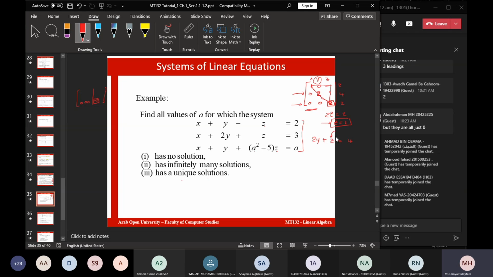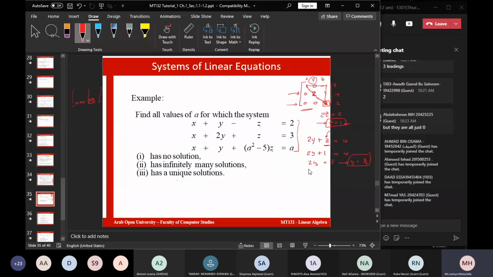But I already know the value of z, which is 1, so I substitute it here: 2y plus 1 equals 4. So 2y equals 4 minus 1, which is 3. Therefore y equals 3 over 2.